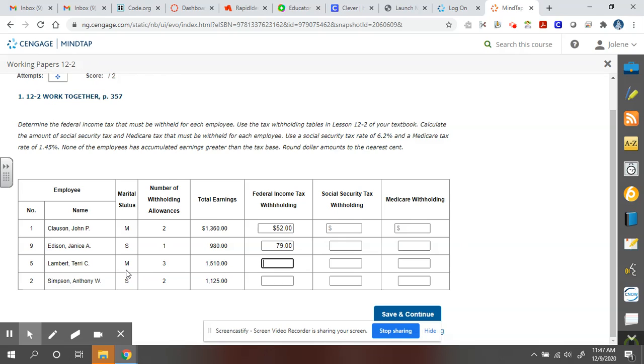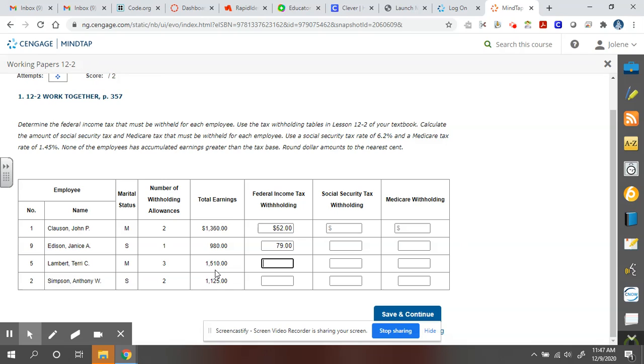Terry is married. She has 3 allowances, so I'm going to go to the column that says 3. And she made $1,510. Well, that is between $1,500 and $1,520.